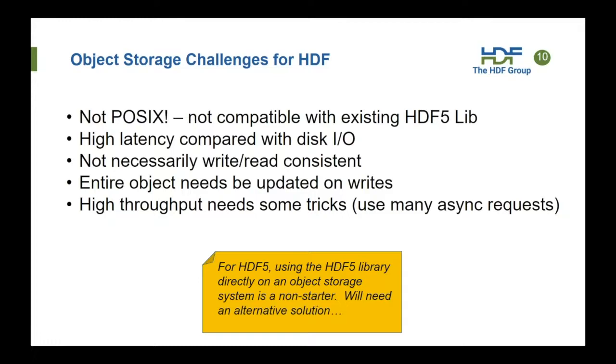And finally, you can get really high throughput, but it's hard to do high throughput with a single thread. You need either multi-threading or asynchronous updates. So that's how we got to not using the HDF5 library in HSDS, but creating our own new implementation.